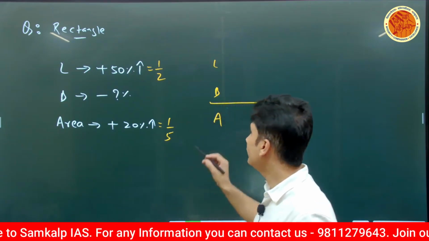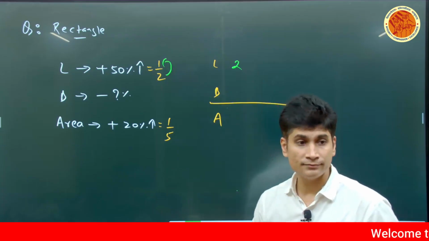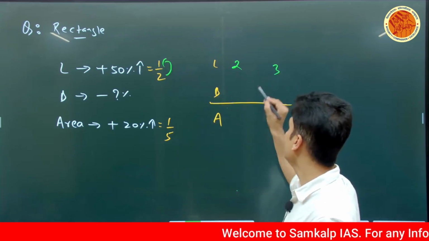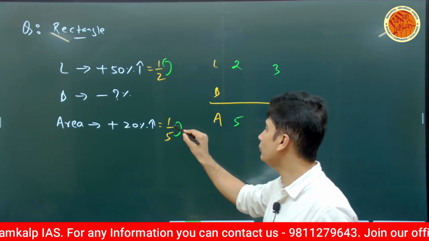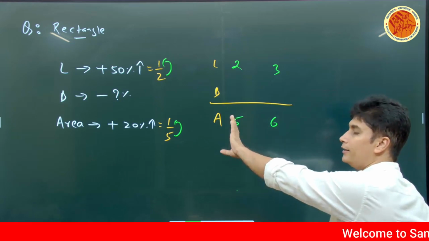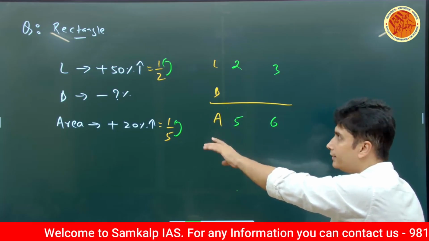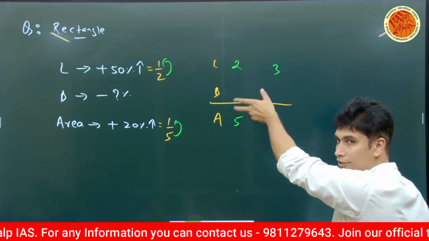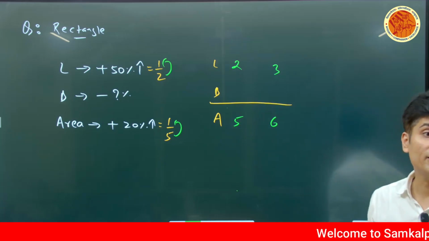If length was 2 units earlier, now length is 3 units. Earlier area was 5 units, now area should be 6. If area remained constant, in that situation length would have reversed, but it is not. So we don't write the value in reverse form.